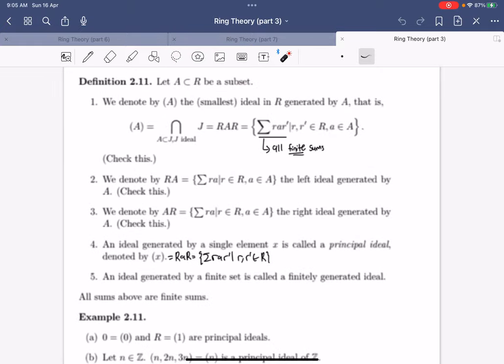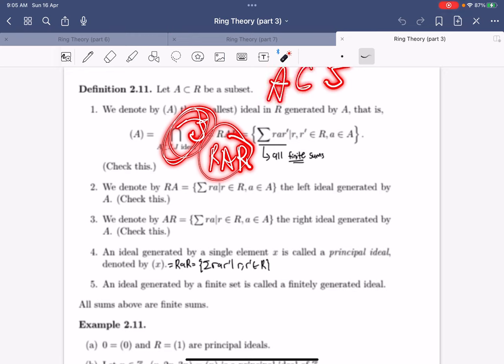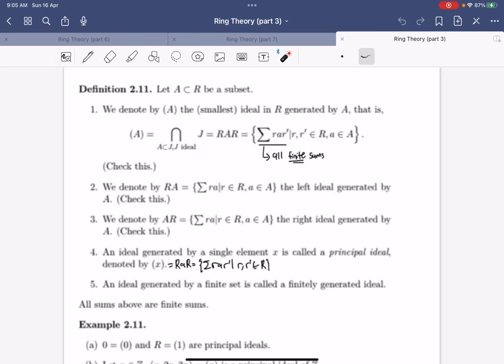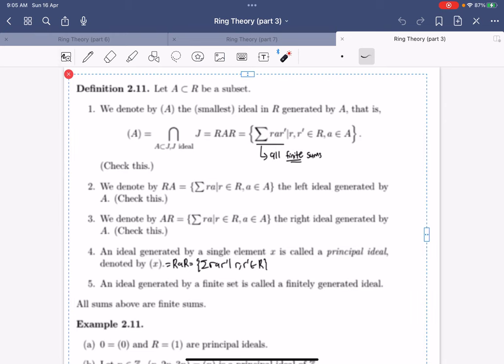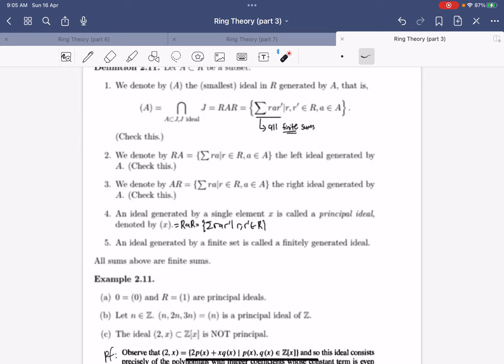And then we denote an ideal generated by a set A as the following. So it's the set of finite sums, and you can actually check that it's just the sums of r a s. And this is actually just the intersection of all J, where J contains A and J is an ideal. So it's really the smallest ideal that is generated by A. And then we can denote Ra as the left ideal generated by a and aR as the right ideal generated by a.